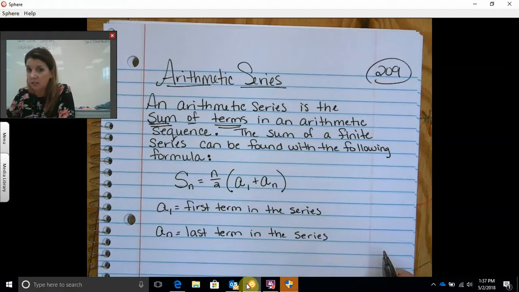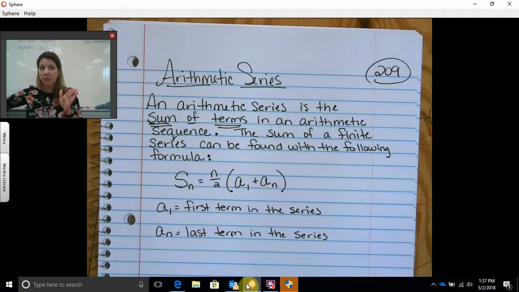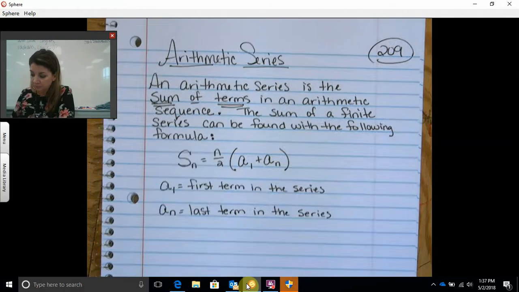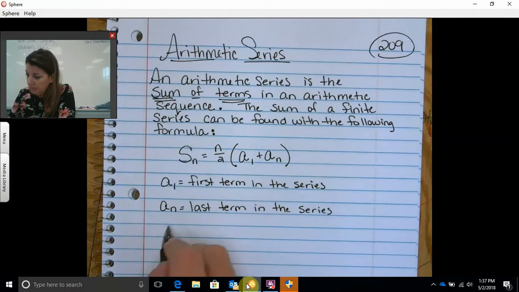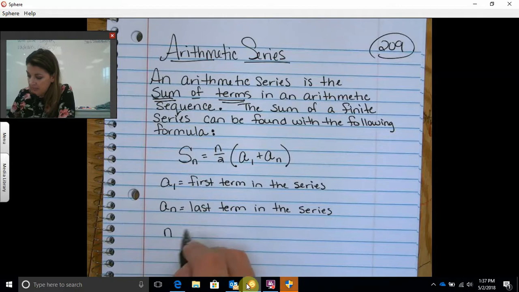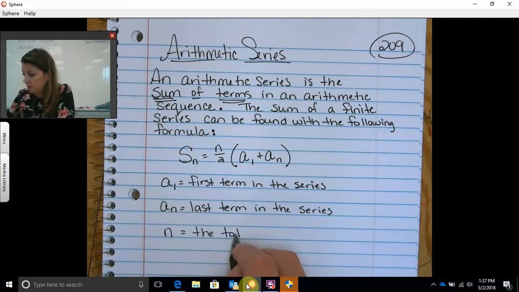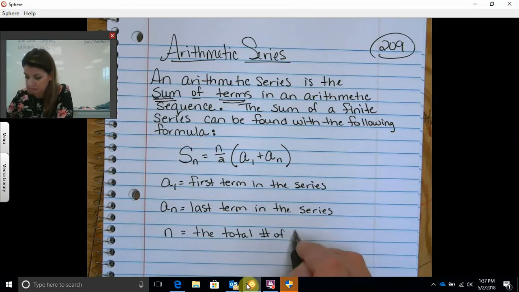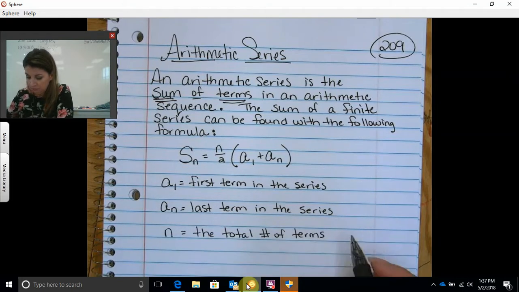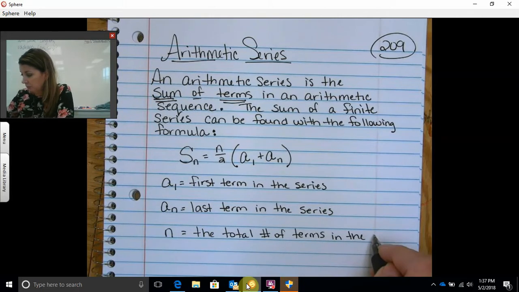So when we were talking about arithmetic sequence, you didn't get the last term, but with arithmetic series, when you're adding them all together, you have to know what the last term is, okay? So a sub n is the last term, and in an arithmetic series, n is the total number of terms in the series.